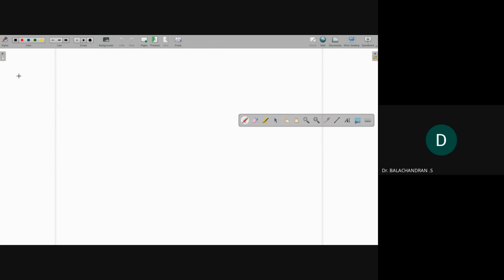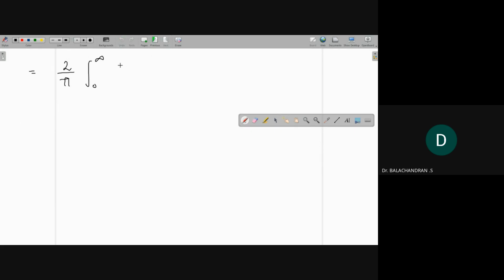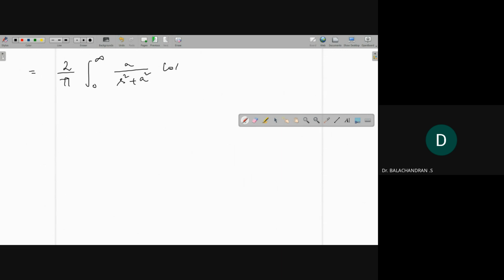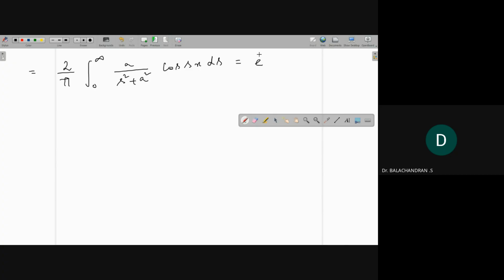It is equal to 2 by pi, integral from 0 to infinity of a by s square plus a square into cos sx ds, which is equal to e power minus a mod x.